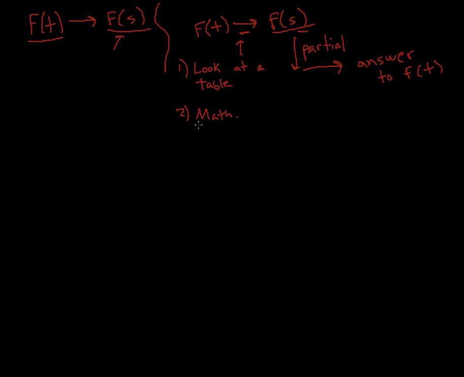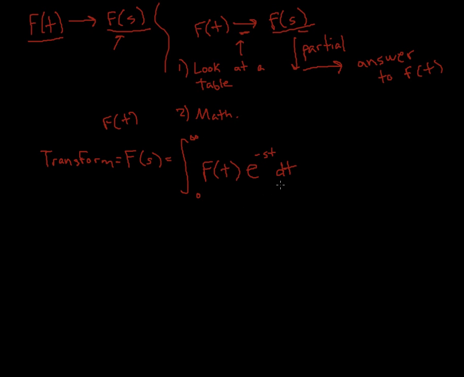If we look at the math way, the transform, which we'll call capital F of s, of the function f of t, will equal the integral from 0 to infinity of your original function, whatever they give you, times e to the negative st, where s is your new variable and t is your old variable, all with respect to t.